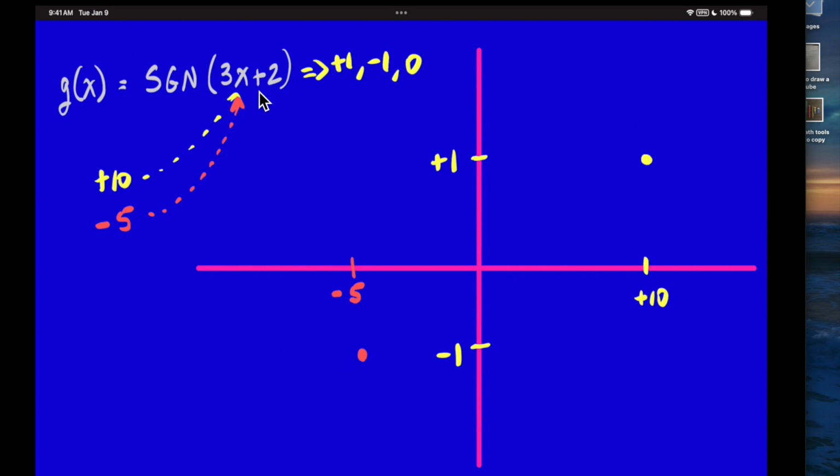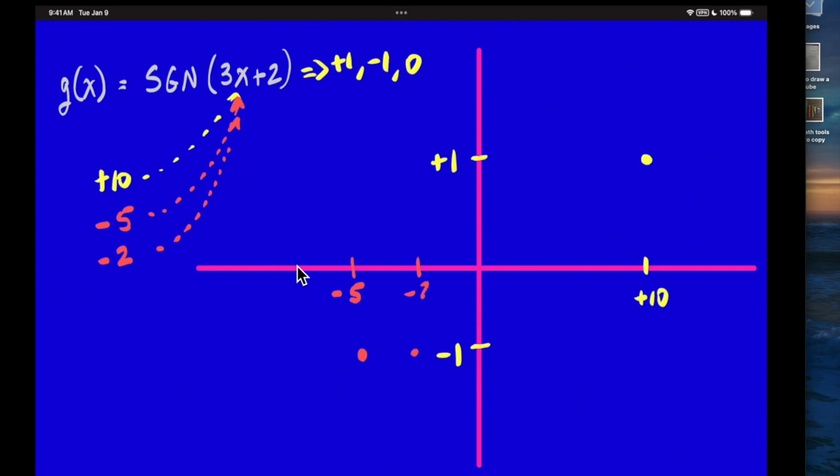Now let's pick a number, x equals negative 2. If we plug in negative 2 in here, we're going to have negative 6 plus 2 is negative 4. Still going to be negative. Our value is still going to be negative 1.